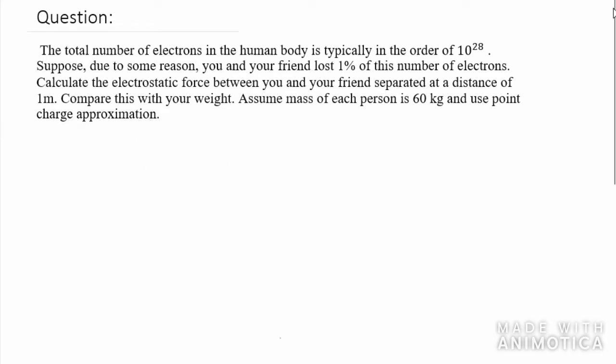So what is given is, in the human body the total number of electrons is 10^28, and out of it 1% is lost. So first you have to find the number of electrons lost, that is 1% of the total.